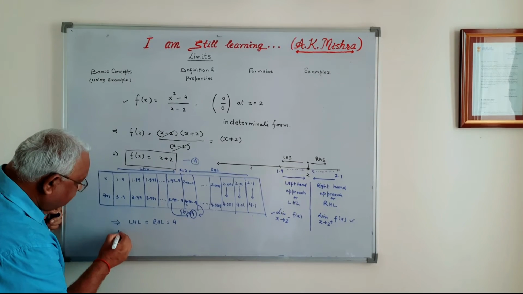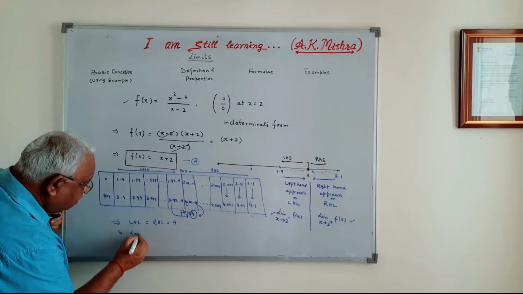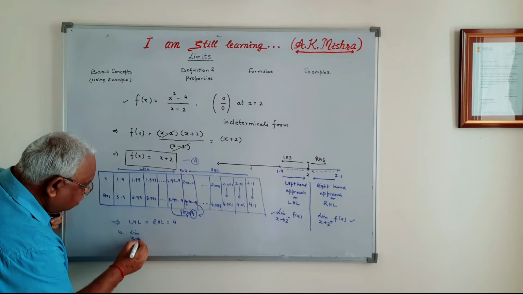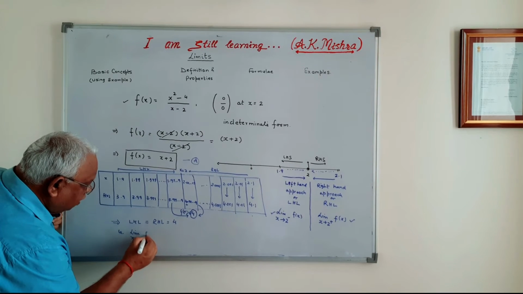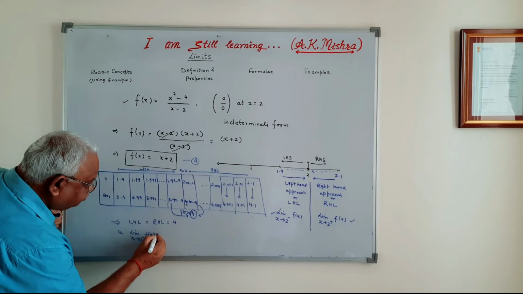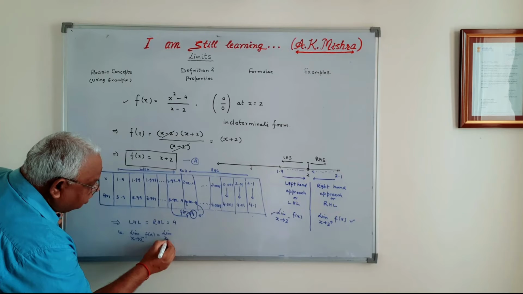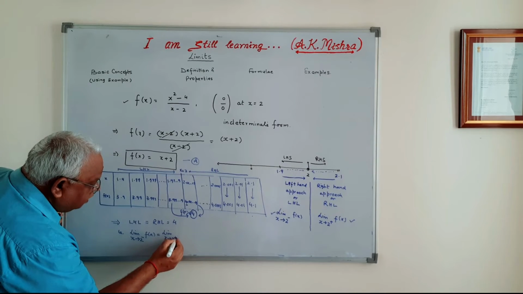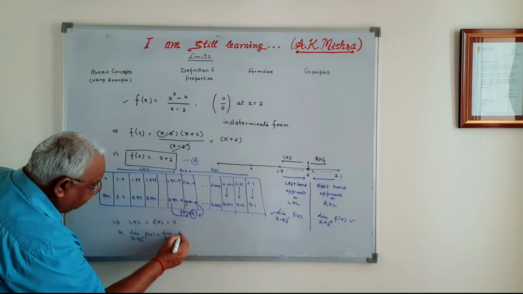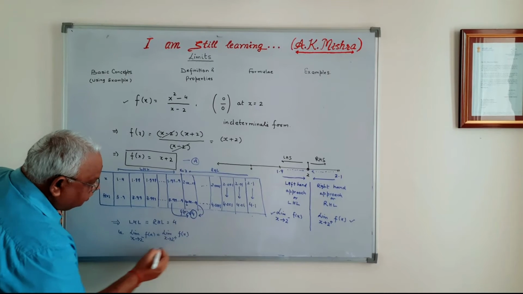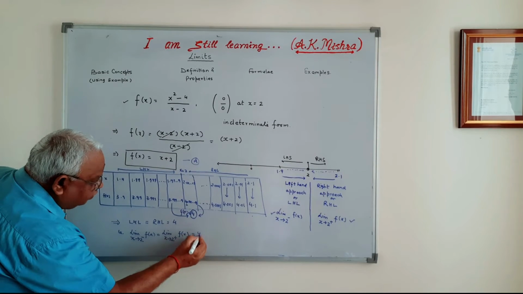That is, limit x tending to 2 minus f(x) is equal to limit x tending to 2 plus f(x) is equal to 4.